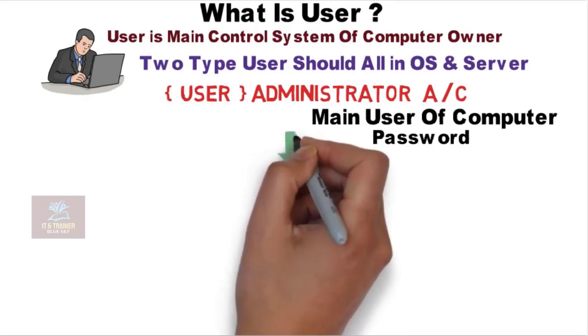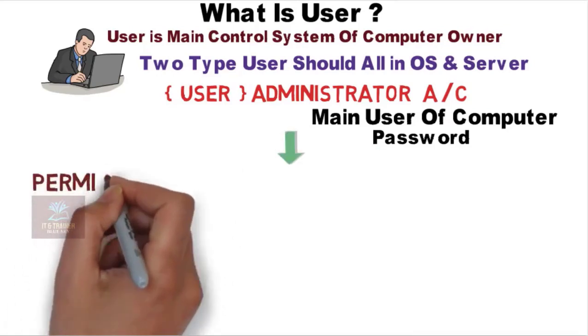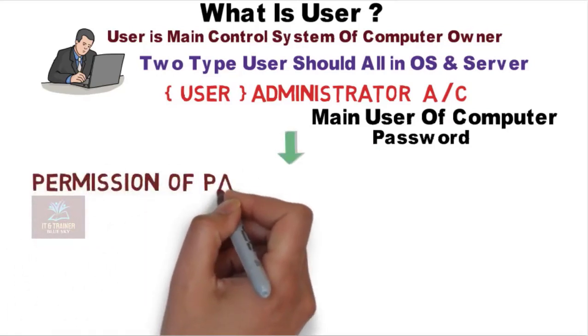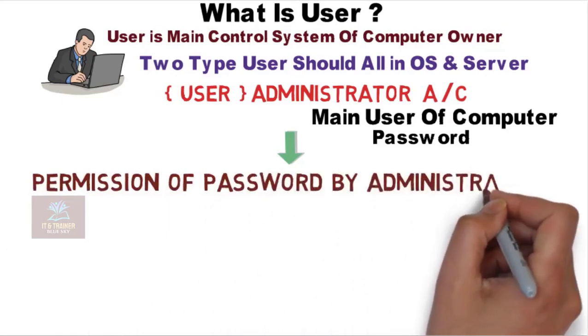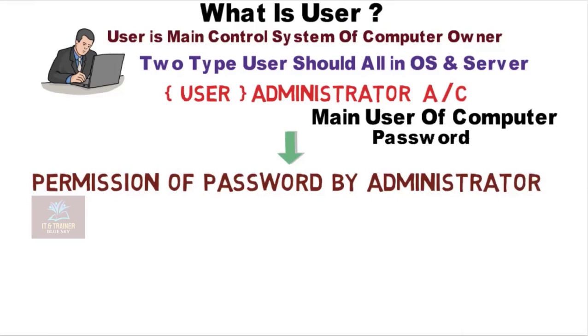The administrator does not need permission for any change in the system. For any change by a local user, permission is first asked of the administrator. Without administrator permission, the local user cannot proceed.